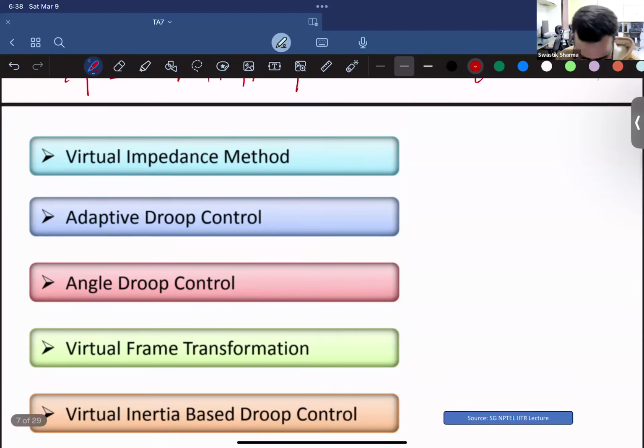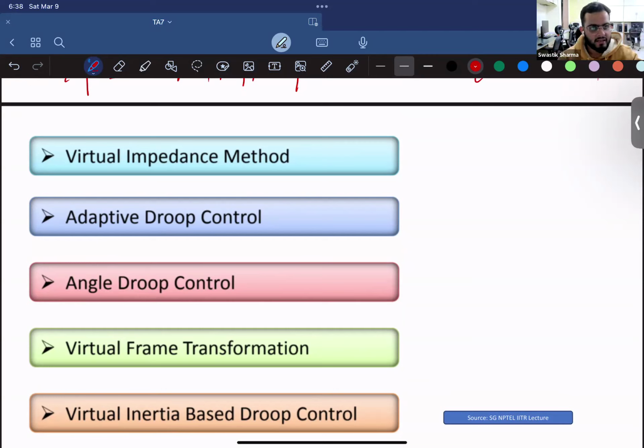Got it. Okay. So in the virtual impedance method, since we can't really change the impedance of the line, we insert another impedance. We insert an inductor between the converters and the AC bus, where the converter is connected and where the AC bus is connected.